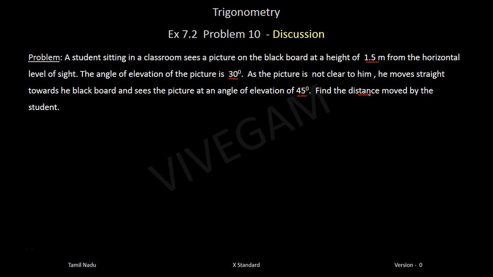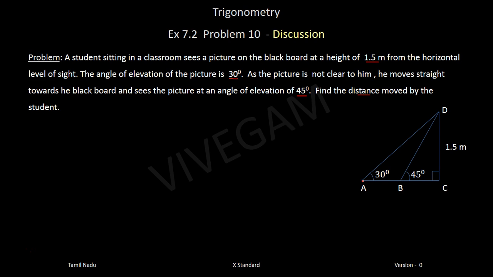Okay, so let's draw a simple diagram. So here CD is a blackboard and D is the picture on the blackboard which is at a height of 1.5 meters from the ground level, and the ground level is taken as the level of sight, the eye level basically.